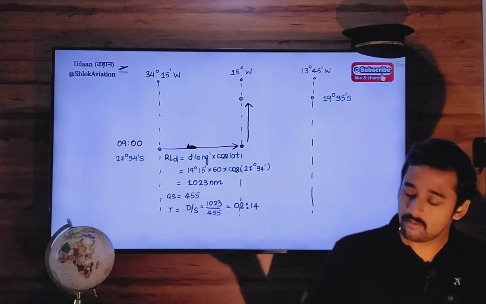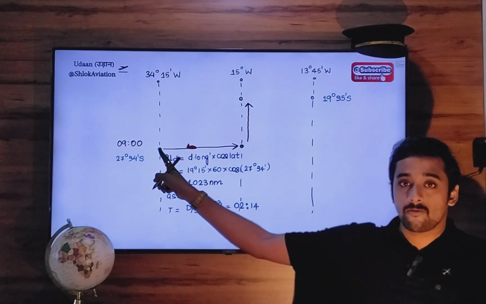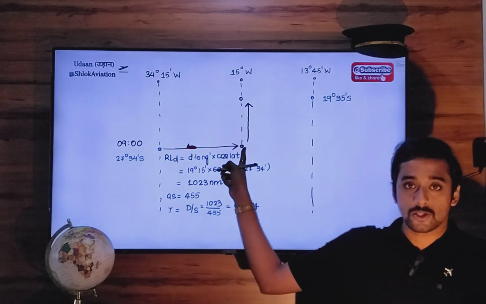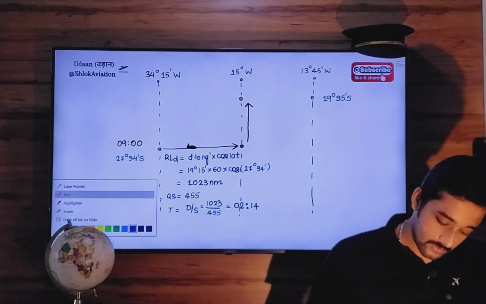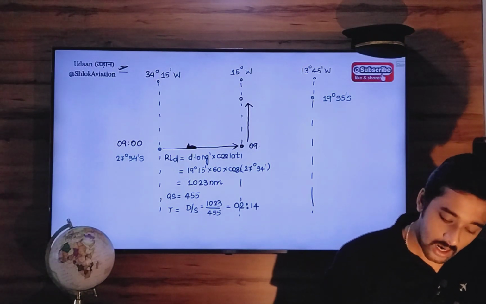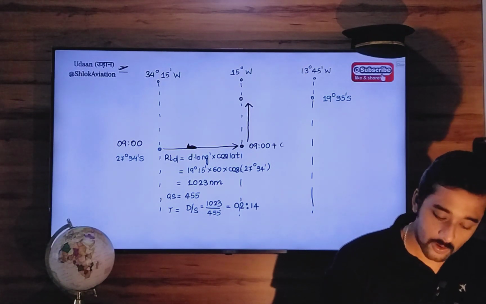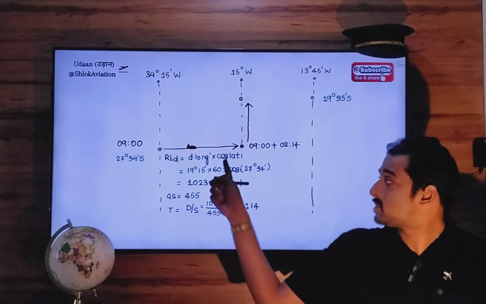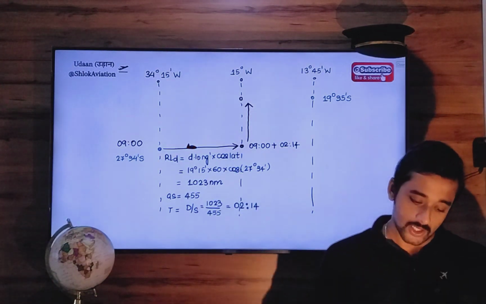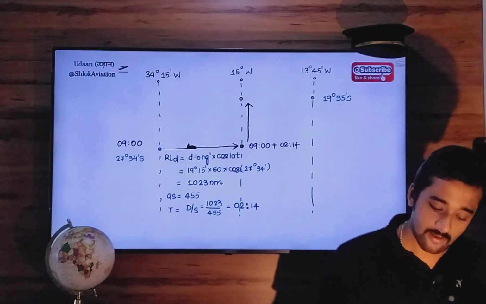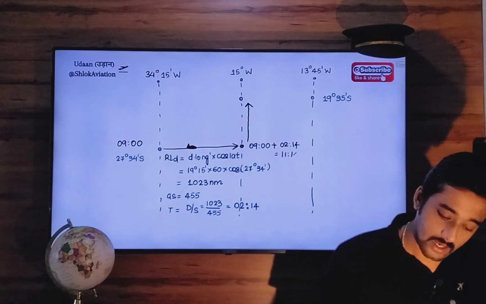That means the aircraft will reach this position 2 hours 14 minutes after 9 o'clock. So 9 plus 2 hours 14 minutes is 11 hours 14 minutes.